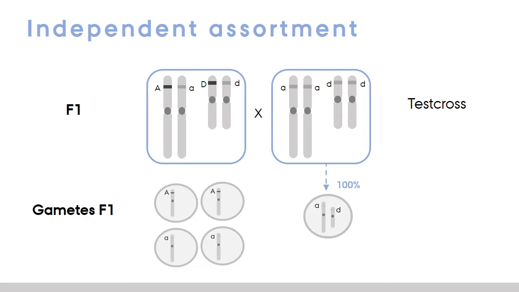Then what we get is this. 100% of the gametes for the right individual are going to be small a, small d, but on the left, 50% receives a big A, 50% receives a small a, and for the D locus, 50% receives a big D, and 50% receives a small d, and this happens randomly. Because it happens randomly, they're independent. That means that 25% will be big A, big D, 25% big A, small d, etc.